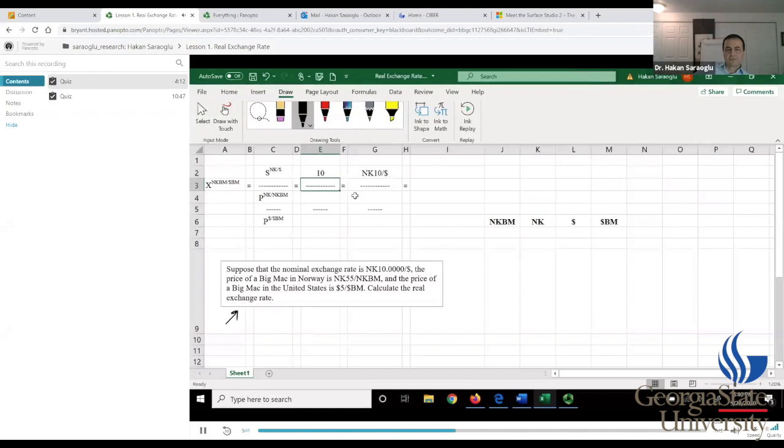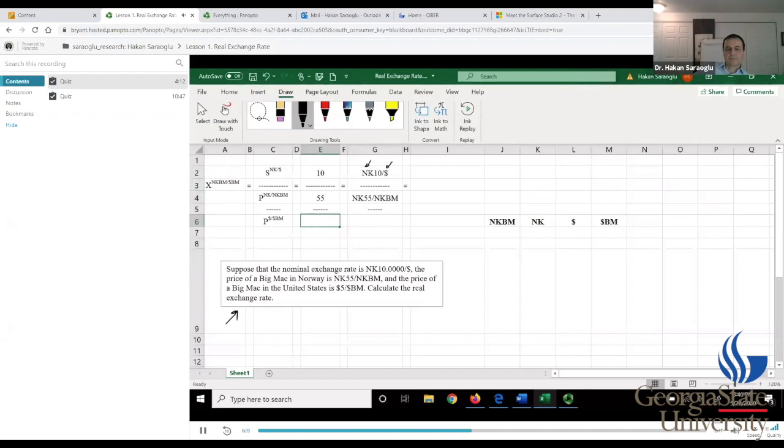So let's continue. Let's feed now the price of a Big Mac in Norway. Notice in the ratio, Norwegian krone is in the numerator upstairs, and the US dollar price of the Big Mac is in the denominator, because in the exchange rate, Norwegian krone is numerator and the US dollar is the denominator. So we keep the consistency.